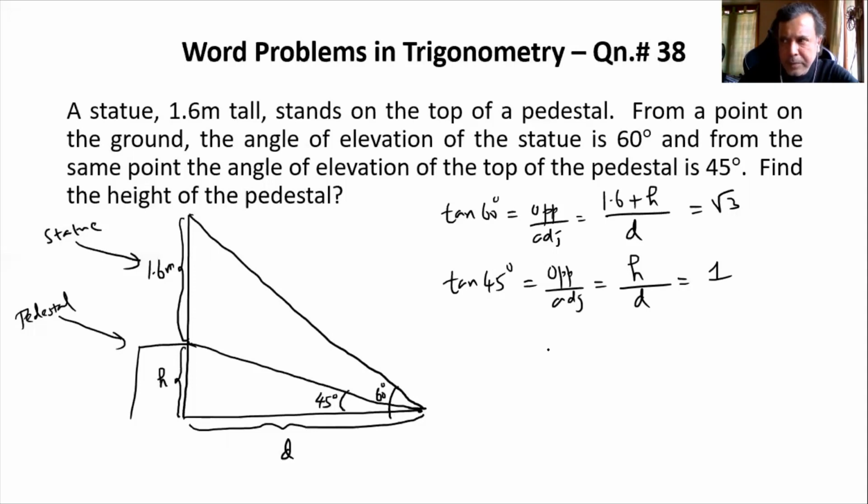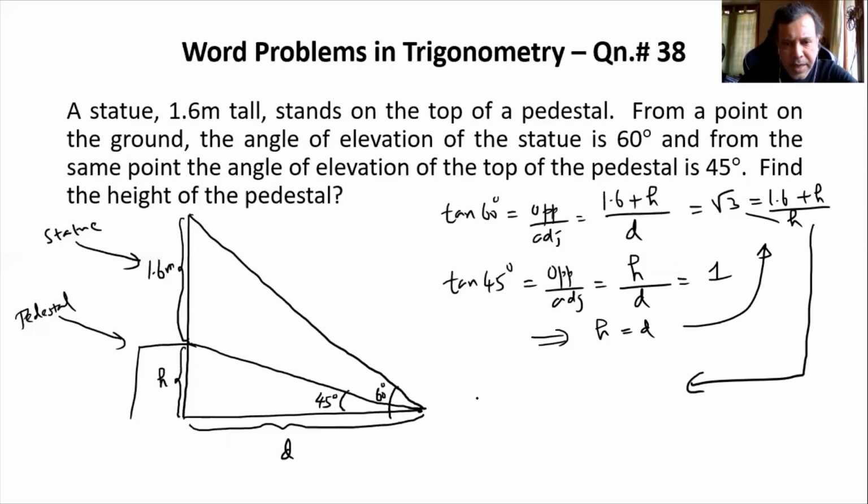From here, height and distance both are the same, right? So I can substitute it here as 1.6. We are supposed to find height, so I will change this d to h. Now, let me do a cross multiplication. Root 3 times h is equal to 1.6 plus h.